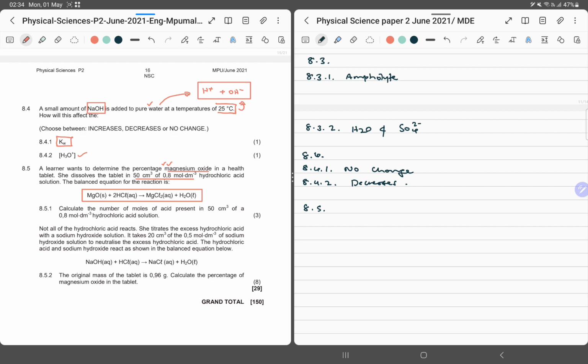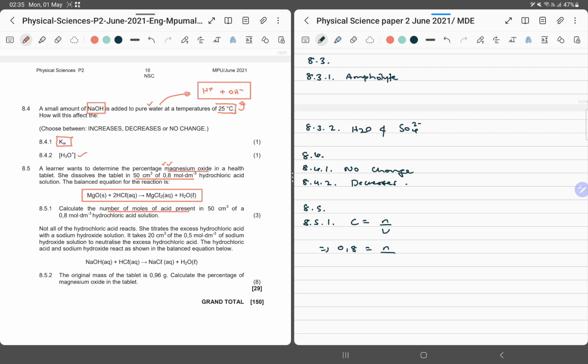All right, so let's do it. 8.5.1 says, calculate the number of moles of the acid present. That one is an easy question. We use the formula concentration equals number of moles over volume. We were told the concentration is 0.8 equals the number of moles, which we want to find out.